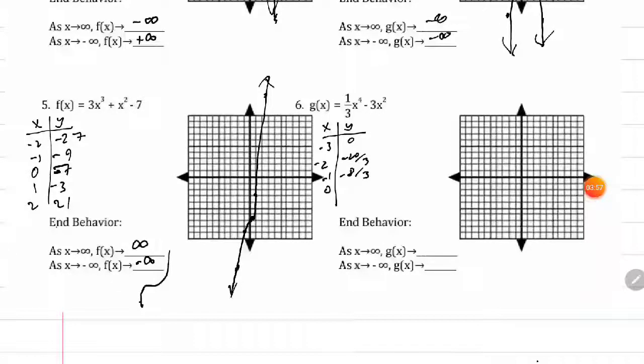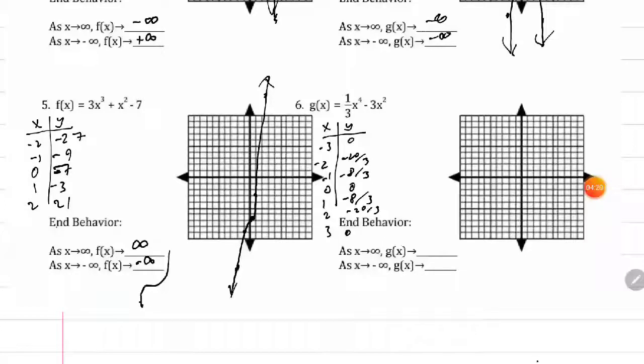Plug in 0, I get 0. 1, I get negative 8 over 3, 2, negative 20 over 3, and then 3, 0. If I were to test a few more points, it would probably be negative 4 and 4, and that's when we'll shoot up into the sky.